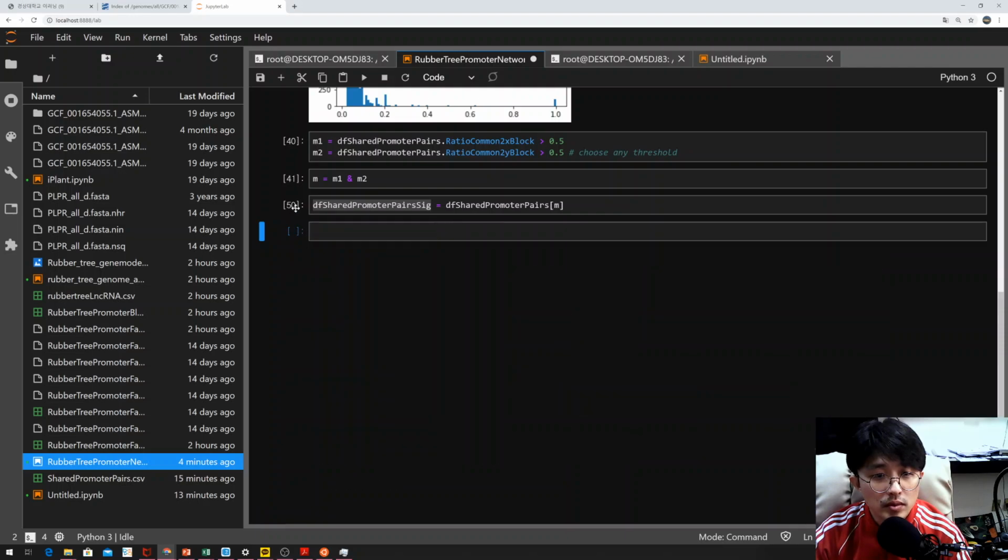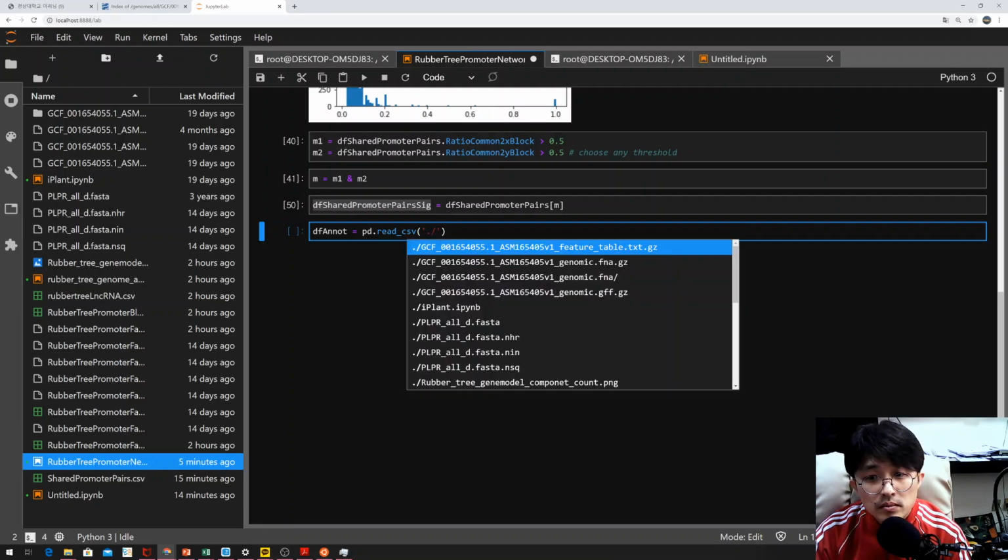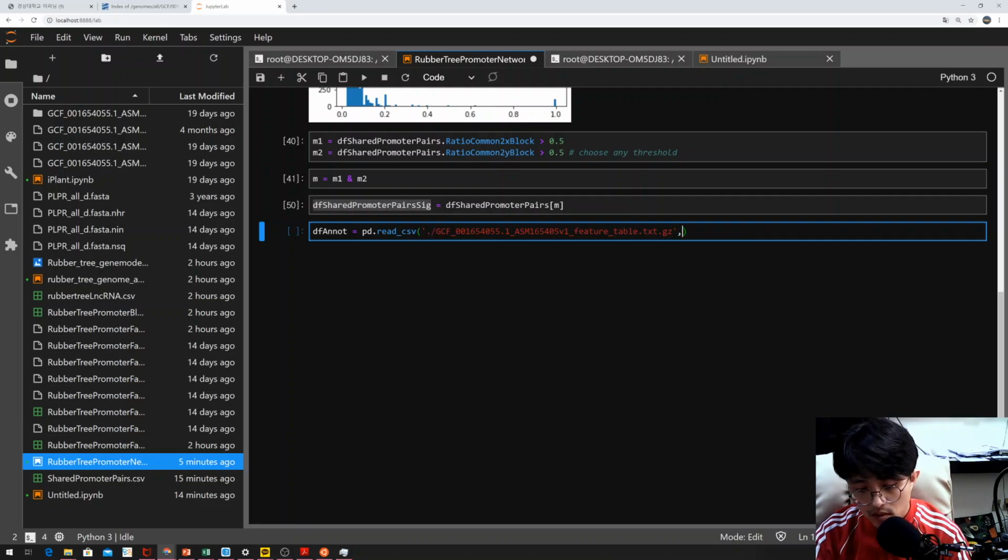Then let me remove this one. Data frame annotation. Annot. Feature table, and separation is tab.